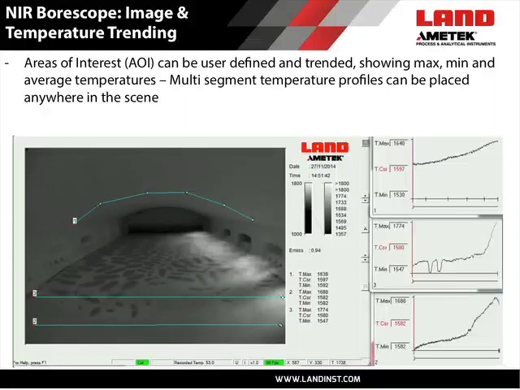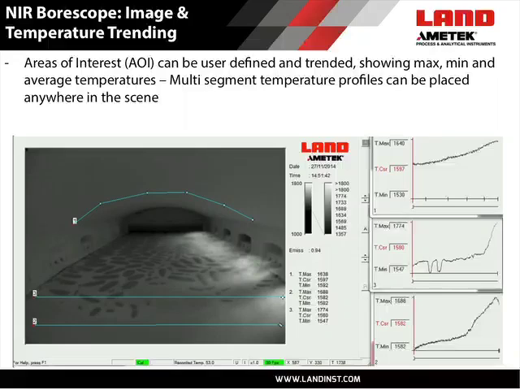Here we can see a typical thermal image taken with the Land NIR-B borescope imager. This is of a side-fired glass tank. We can right now see that the tank is being fired from the right-hand ports and exhausted over on the left-hand ports.